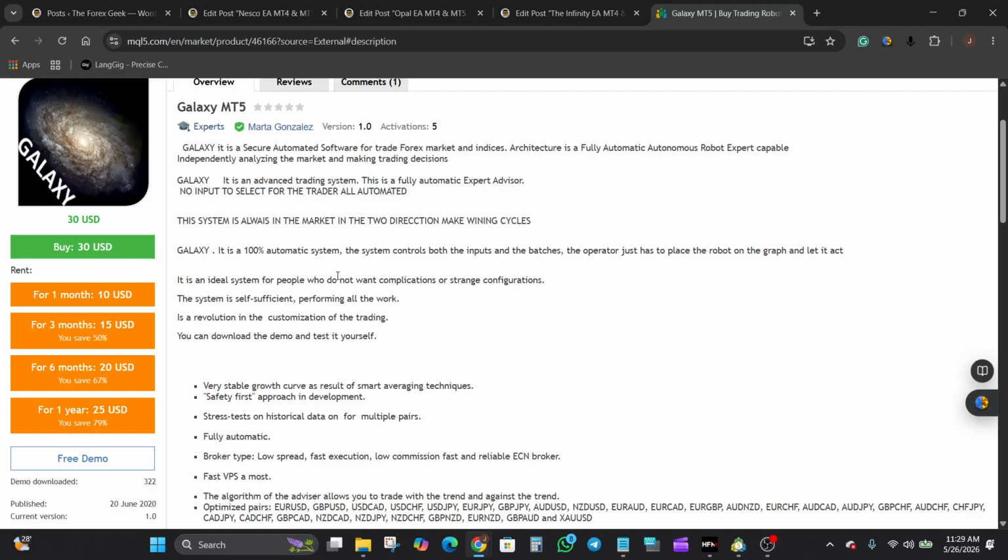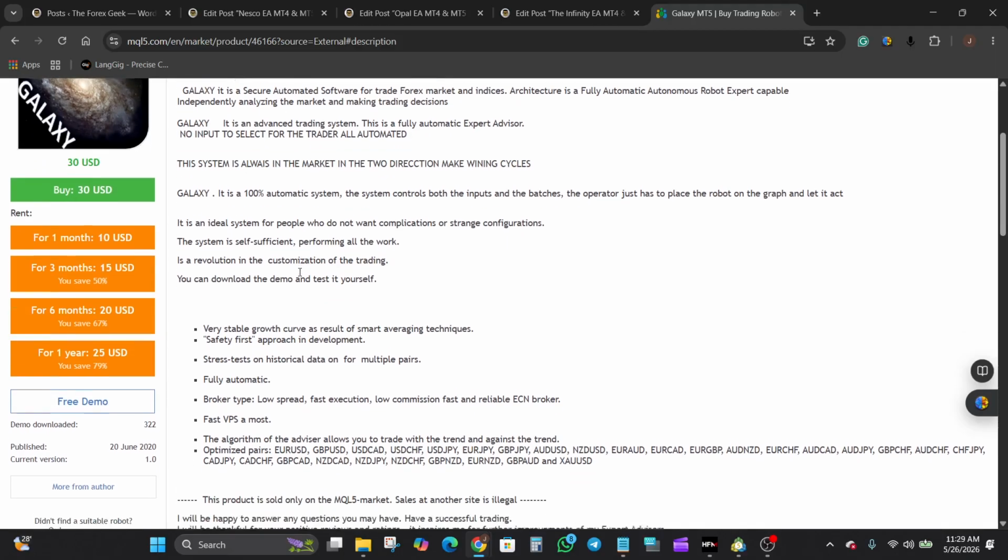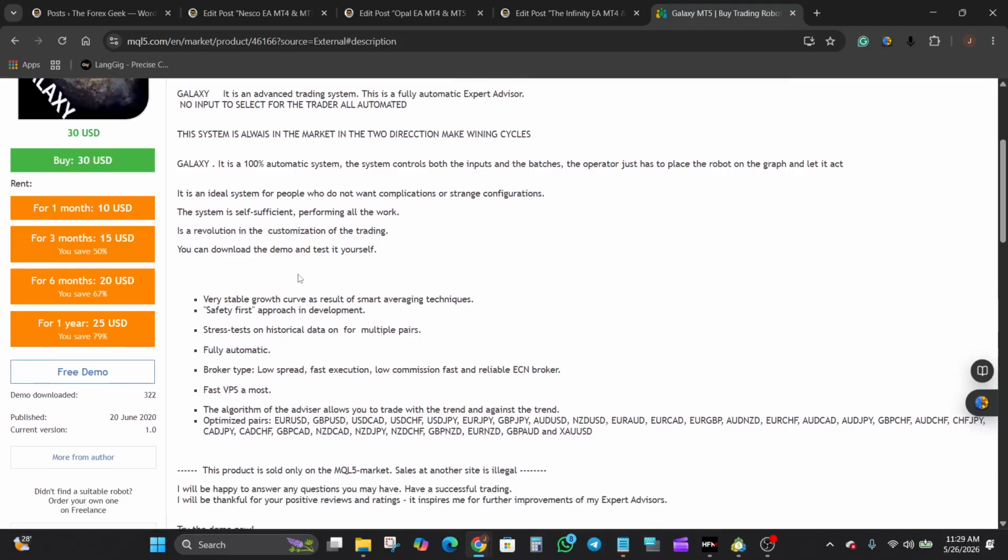Another key point mentioned is that it aims for stable growth using what is described as smart averaging techniques, along with a safety first approach in its development.